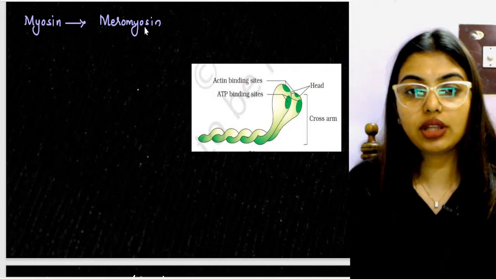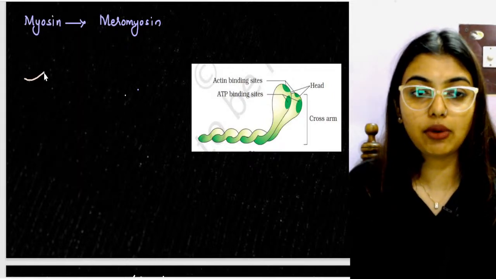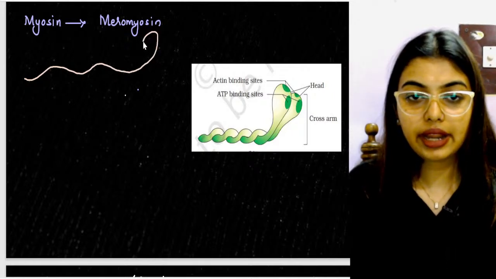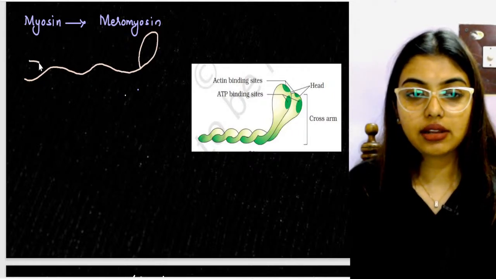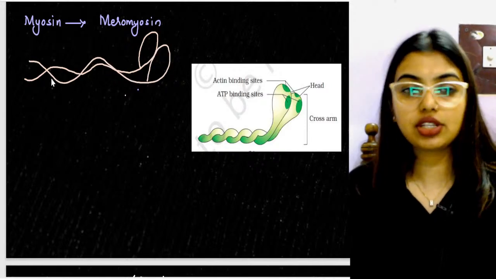This meromyosin is made up of a long tail, a head region, they wound around, and then one more head region. This is how your myosin is going to look.